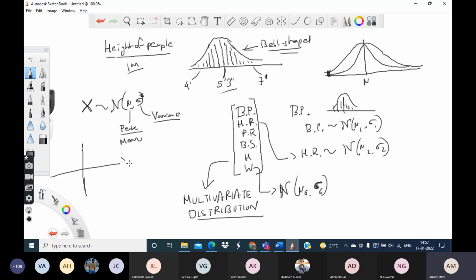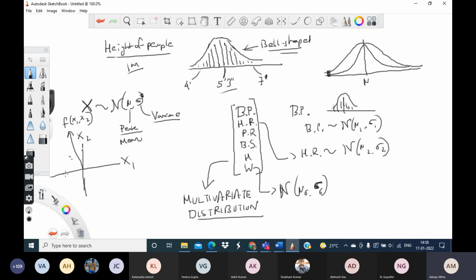Let us say that there are two variables x1 and x2, and at every point we are plotting the PDF. Because the two dimensions represent the two variables, the PDF will of course have to be in the third dimension, that is along the z-axis. So along the z-axis we have the PDF of x1 comma x2.